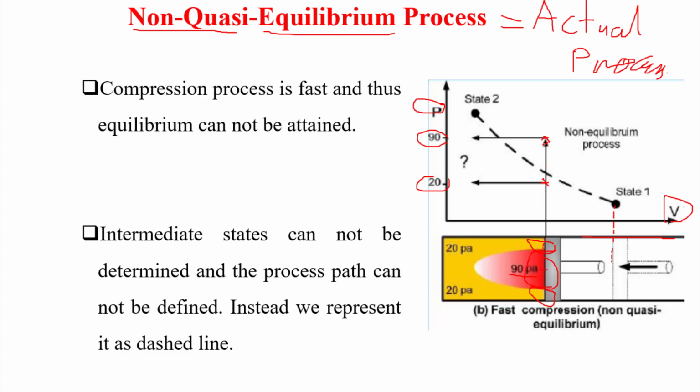We have a point here, a point there, and so on, ranging from 20 to 90. If we go further down and decrease the volume, we reach another point where pressure again ranges between certain values, like this.